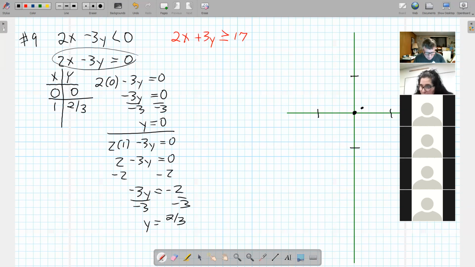Okay. Now, let's see, I need to draw a line. Oh, but in my original, it did not include equals, so I need to draw a dotted line. Okay. And let's see here. I'm not going to make this super accurate.